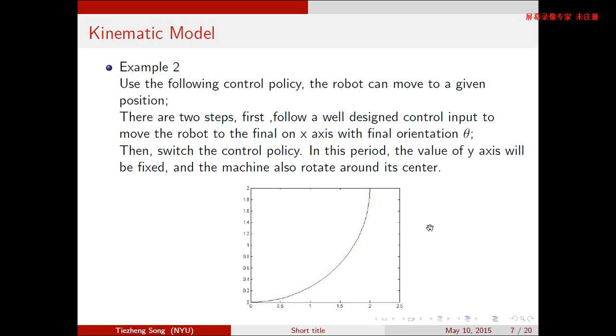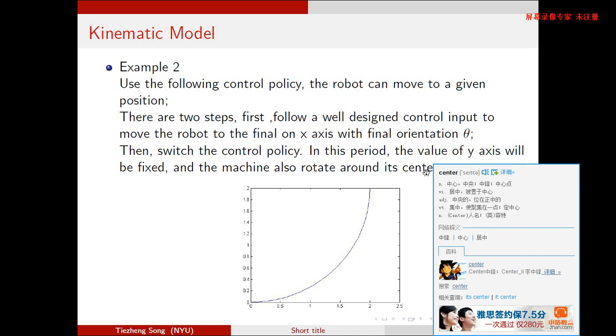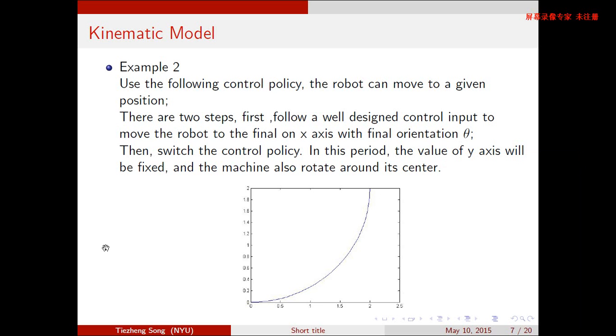But we cannot control y to the right value in the first step. So in the next step, we switch the control policy, and in this period the value of the y-axis will be fixed, and in fact the machine also rotates around its center, so the orientation doesn't change.